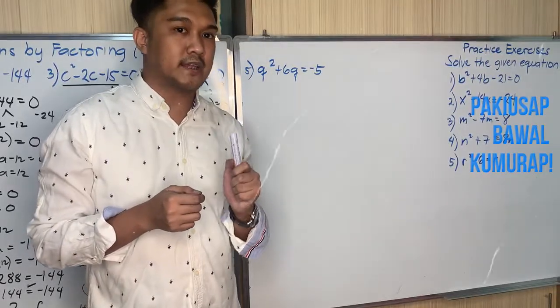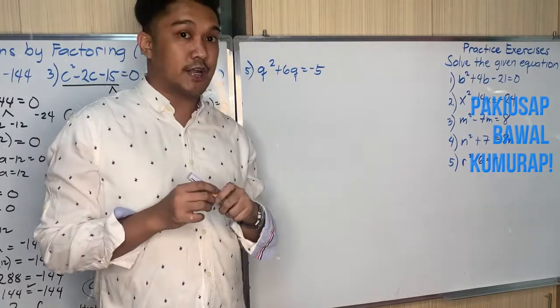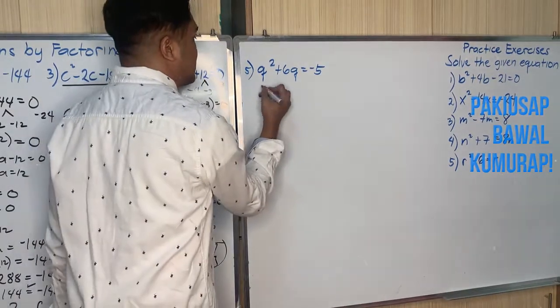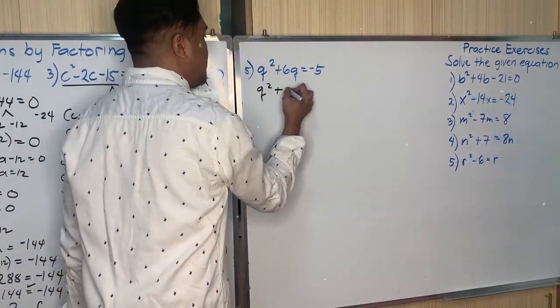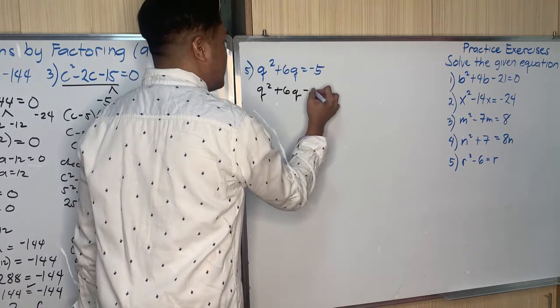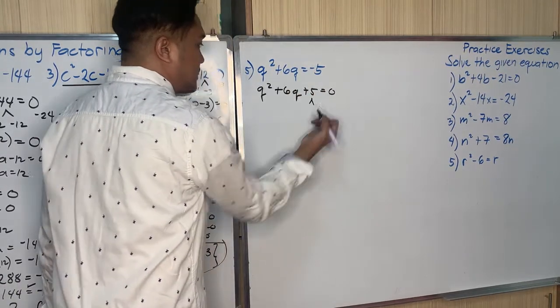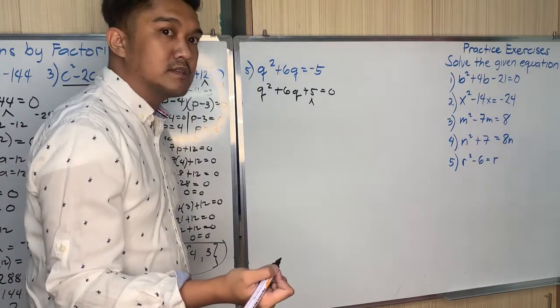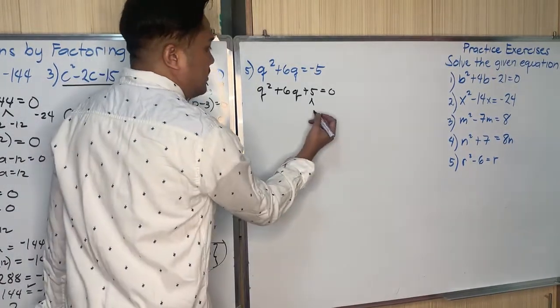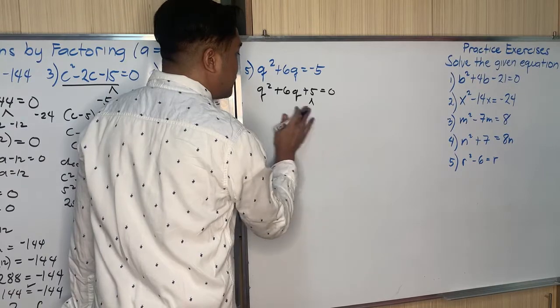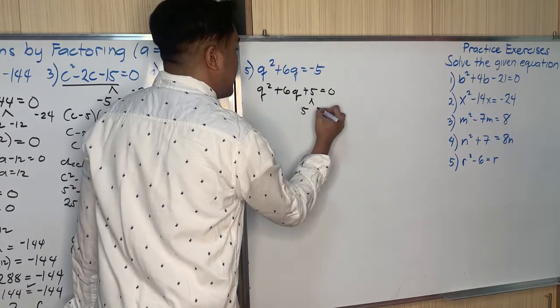Okay, dito sa last item, gamitin natin yung shortcut. So, sulat na muna natin siya. Q squared plus 6q plus 5 is equal to 0. Factor natin yung 5 na ang sum niya ay magiging 6. So, 5 and 1.